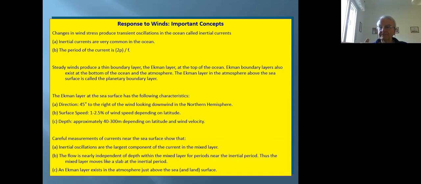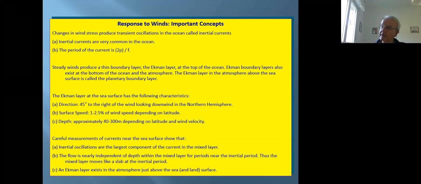The Ekman layer, which is the layer where we feel the influence of a steady wind, which is 40 to 300 meters depending on latitude and wind velocity, exists not only in the ocean, but also in the atmosphere, because in both the ocean and the atmosphere there is a friction which influences the velocity field.